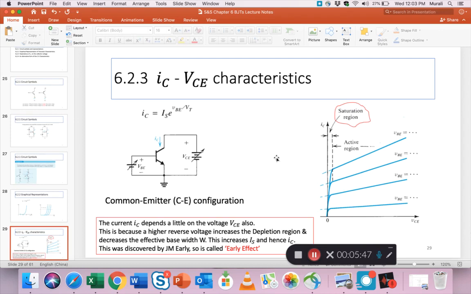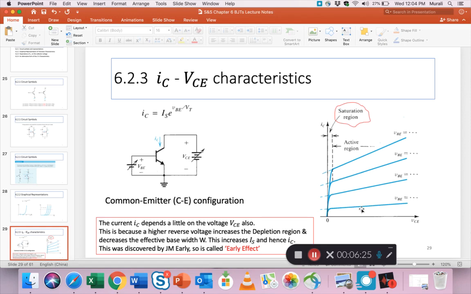All right. The next graph is something called IC versus VCE characteristics. Now, normally we think that the collector current is constant. It only depends on VBE, the forward bias junction voltage of the base emitter junction. That's partly true, that IC depends on this, which is what you see here on the right side, the graphs for various VBEs.